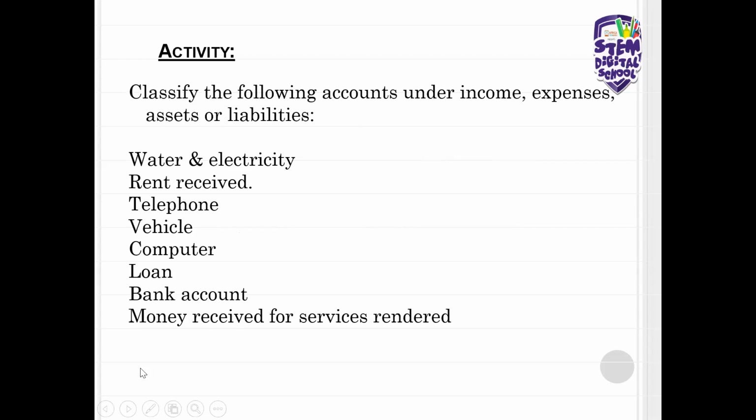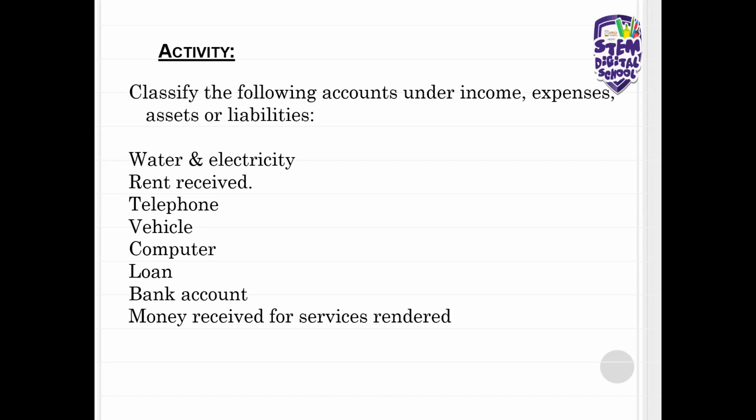Right, another activity. They say classify the following accounts under income, expenses, assets, or liabilities. So now it's becoming more of an activity. Let's go through the accounts: water and electricity, rent received, telephone, vehicle, computer, loan, bank account, and money received for services rendered.